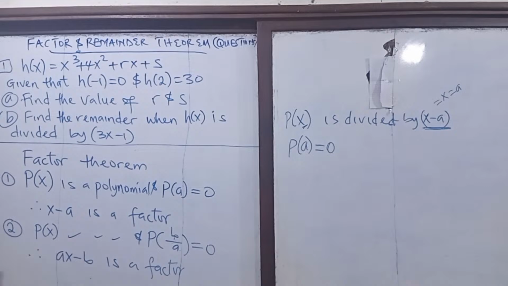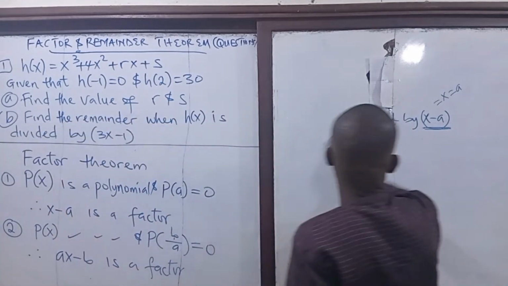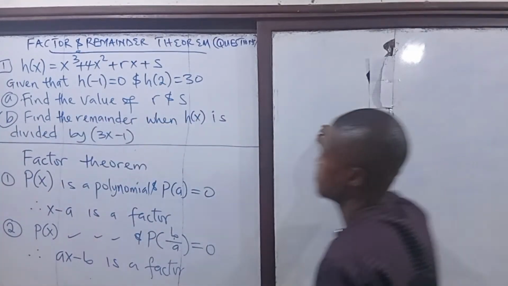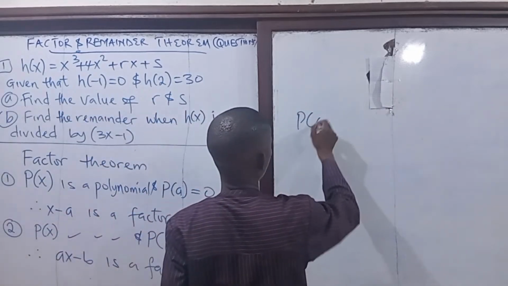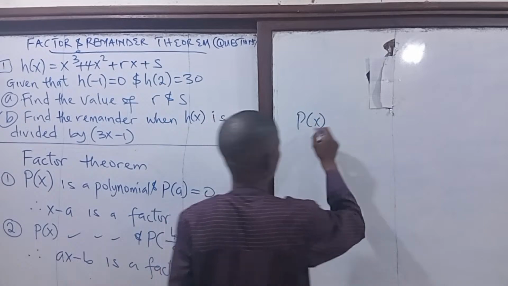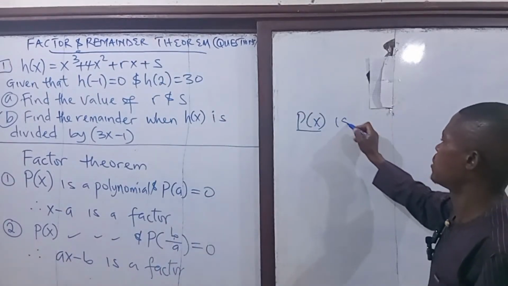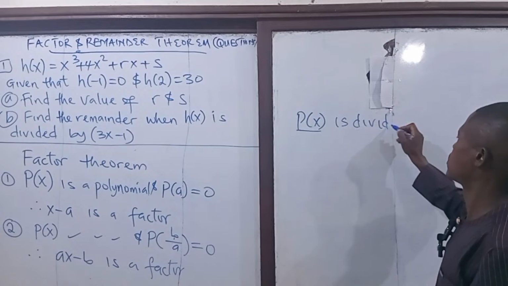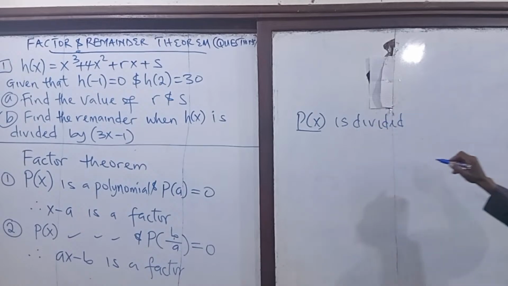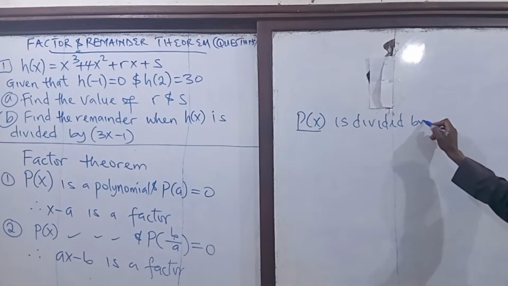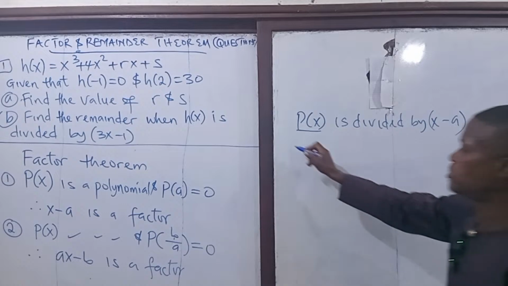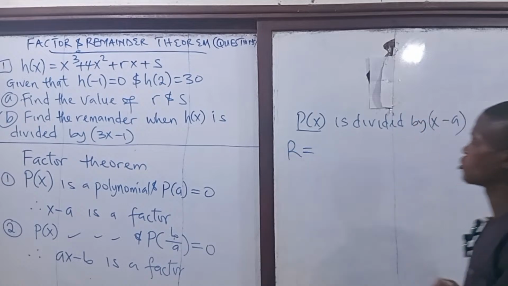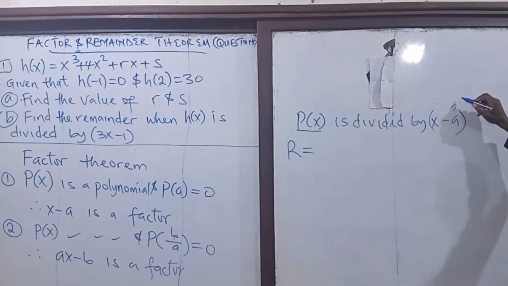On the remainder theorem, if p of x is a polynomial and is divided by x minus a, the remainder is obtained by equating x minus a to 0, and that will give you x equal to a.